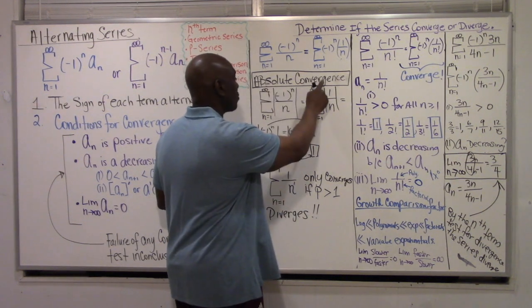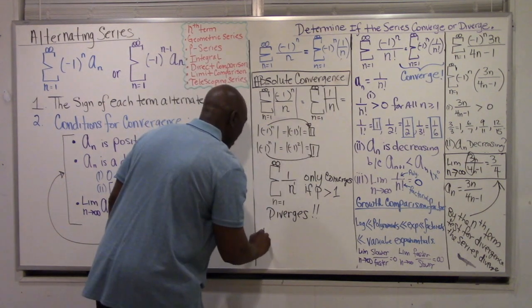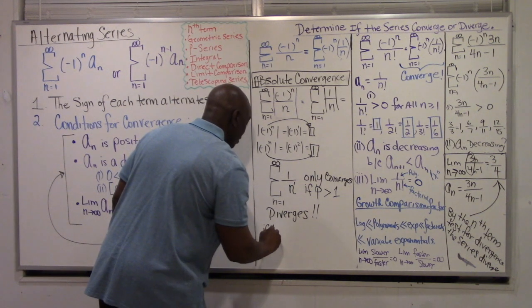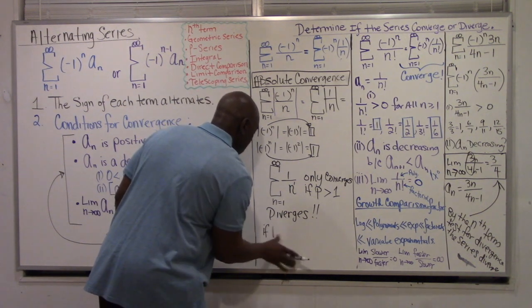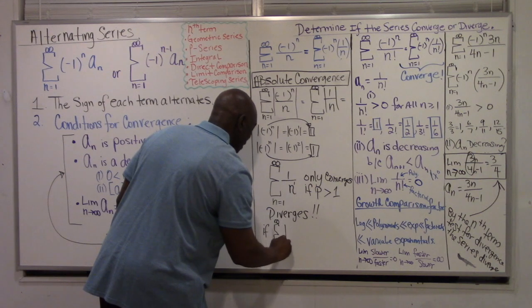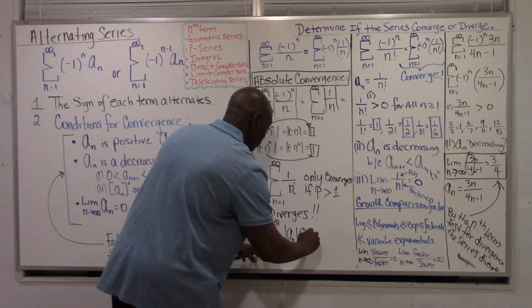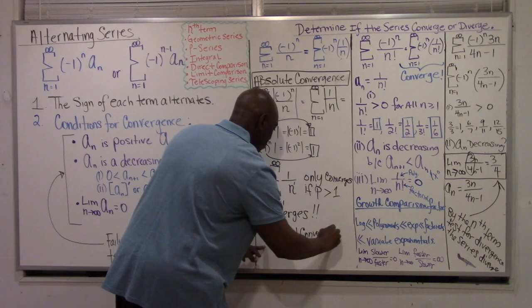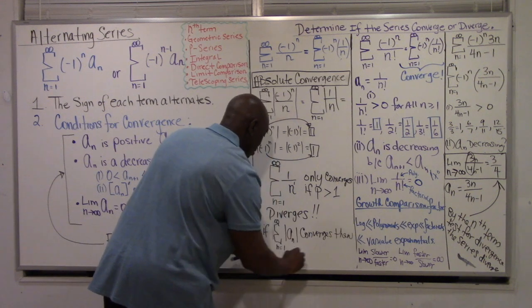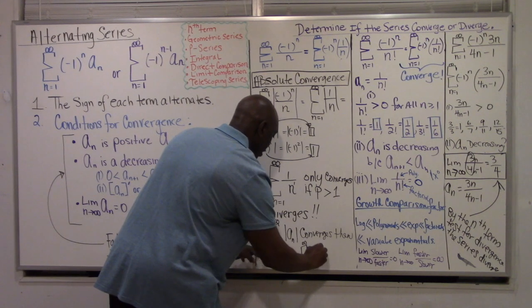Here's what absolute convergence tells us. If the series from n equals 1 to infinity of the absolute value of a_n converges, then the series from 1 to infinity of a_n converges.